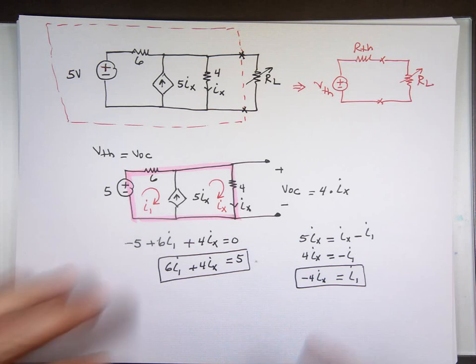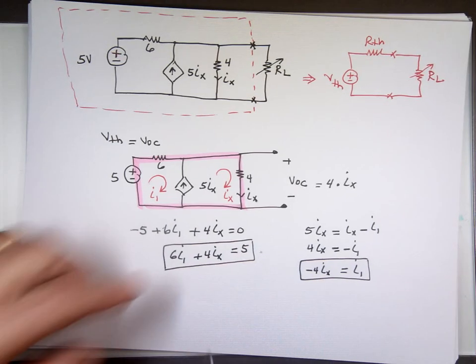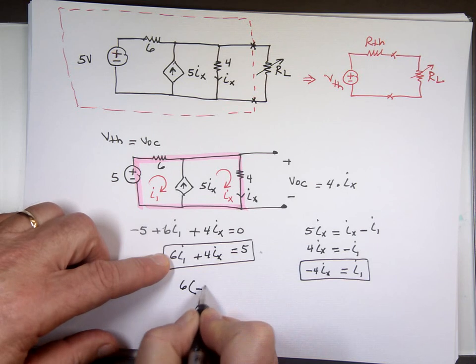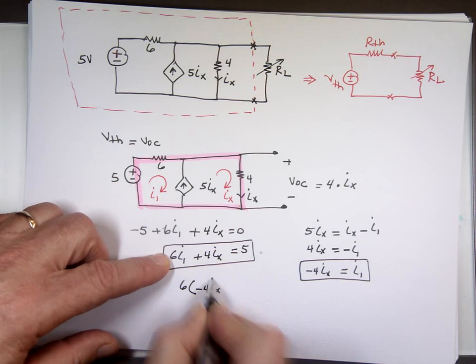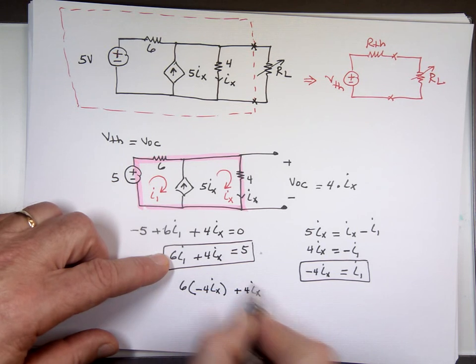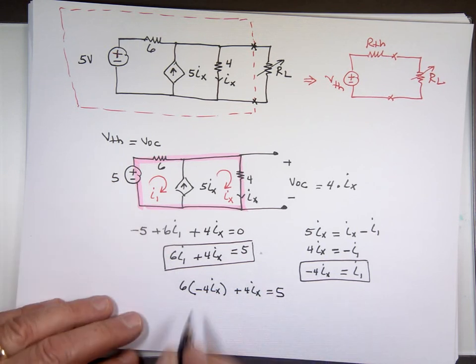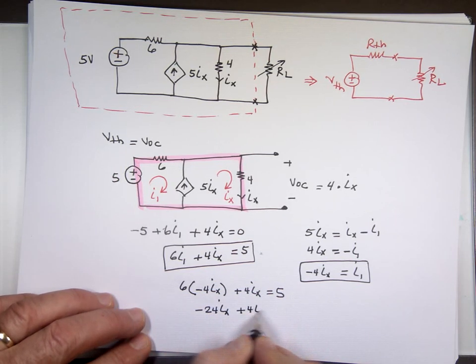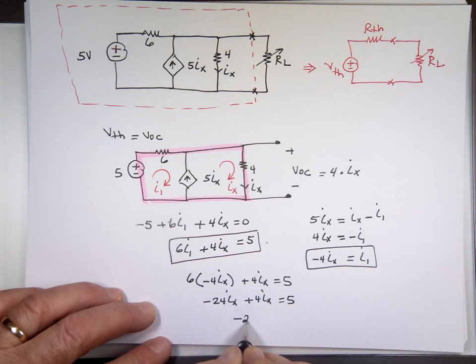Now do that substitution into this one. 6 times negative 4 I sub x plus 4 I sub x is equal to 5. Negative 24 I sub x plus 4 I sub x equals 5. Negative 20 I sub x equals 5.